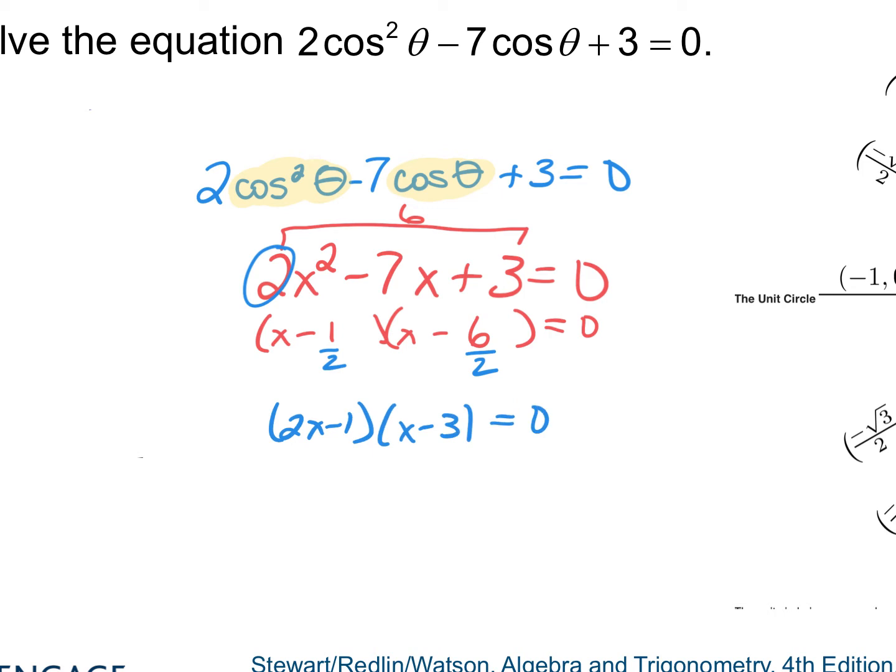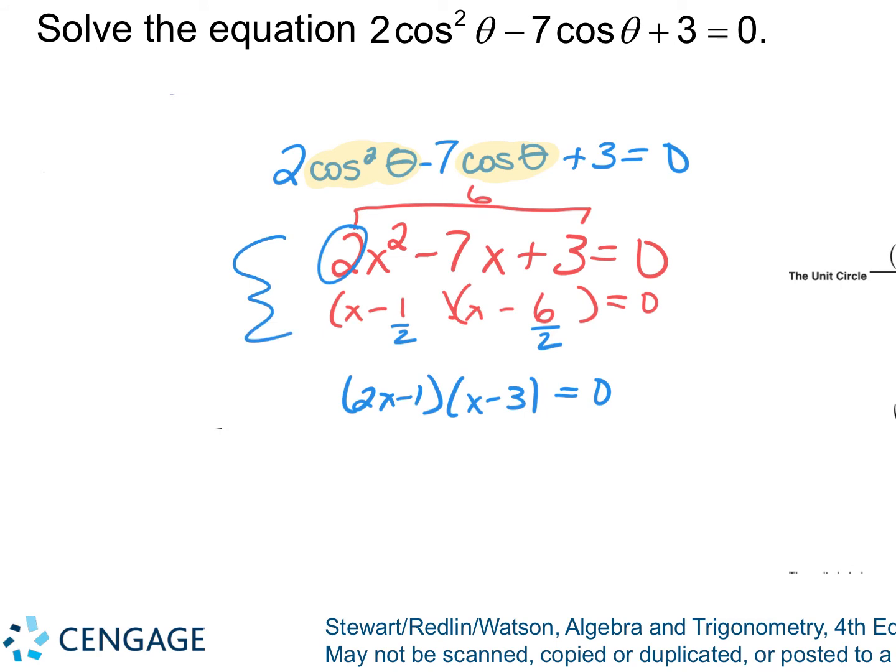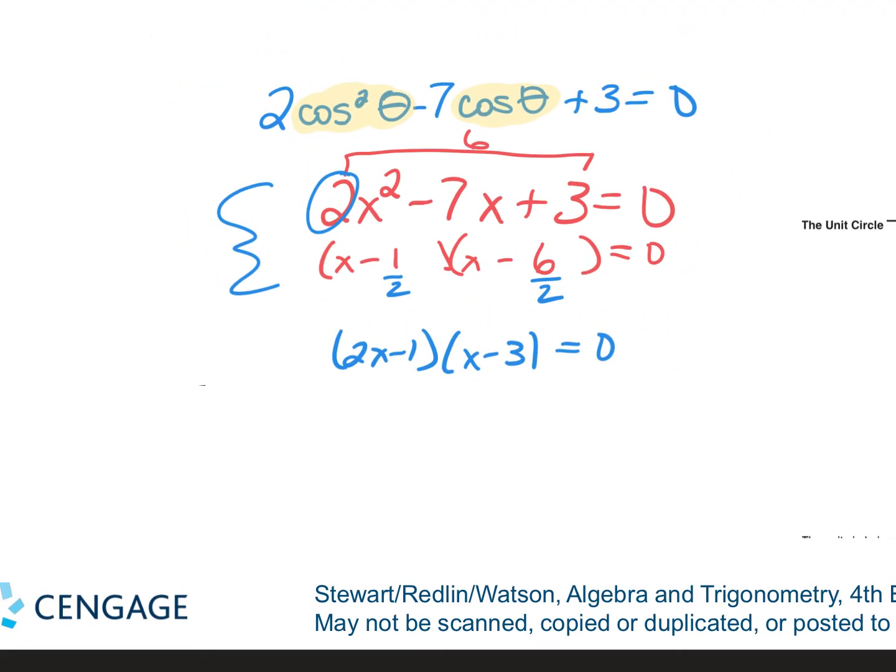Guys, this is just a quadratic equation. You have 2 trig functions that are the same, right? So you factor it. Whenever you see a quadratic trig equation, if it was sine squared and sine, same thing. Tangent squared and tangent, same thing. Just turn it into a basic algebra equation that you guys have seen since 9th grade. And now, to solve this, what do you think I'm going to replace the x with?